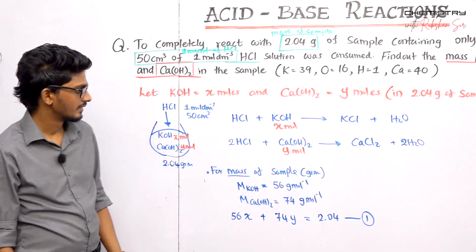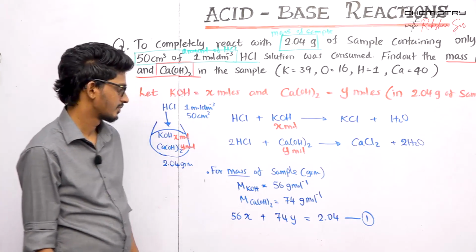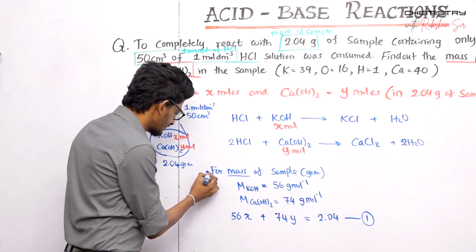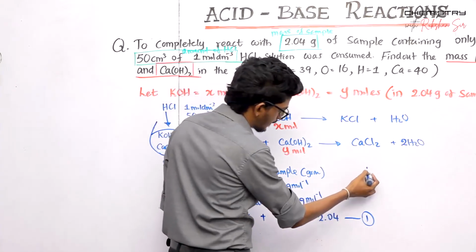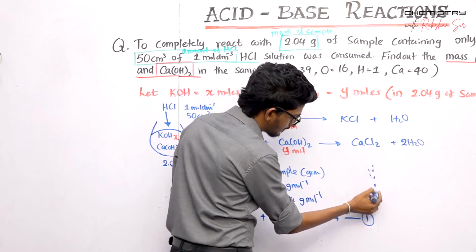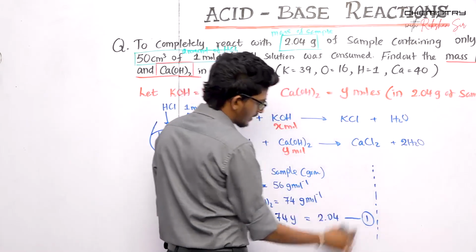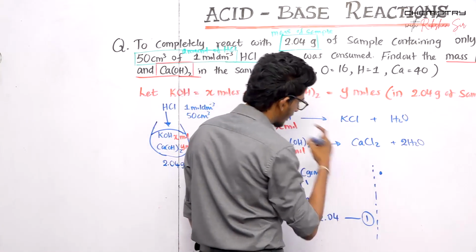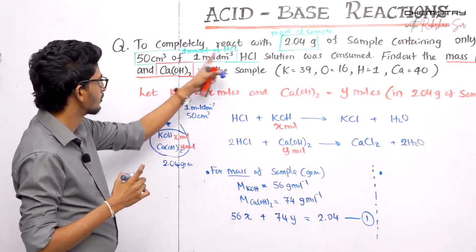Okay. Let's come up with the second simultaneous equation. We need two simultaneous equations to completely solve for two unknowns, right? The second simultaneous equation can be written for the moles of HCl.